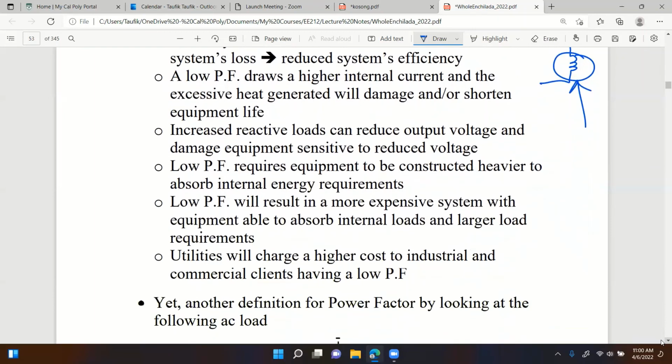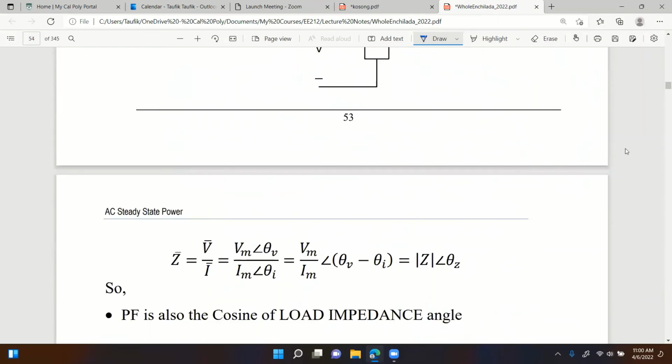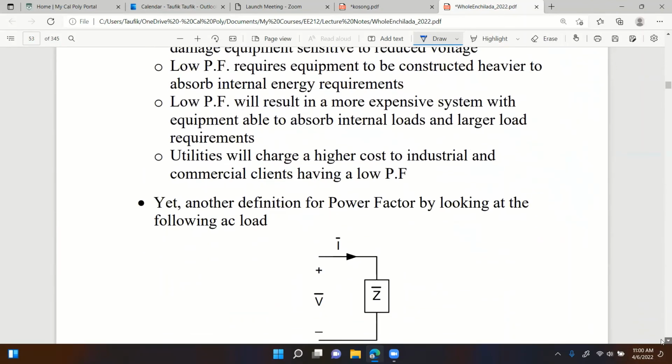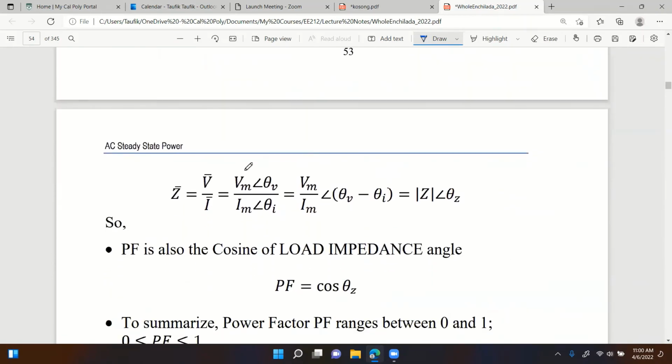Okay. Oh, sorry, one more thing before we adjourn. Another definition of power factor is by looking at impedance like this. If you have impedance, there's voltage across the impedance, there's current through it, and by Ohm's law the impedance is equal to V over I. Voltage has a phase angle, current has a phase angle.